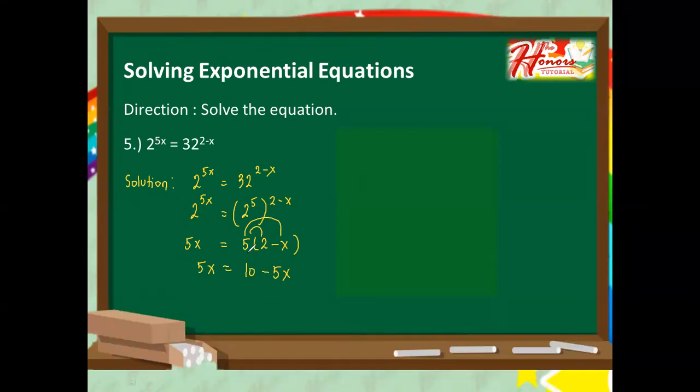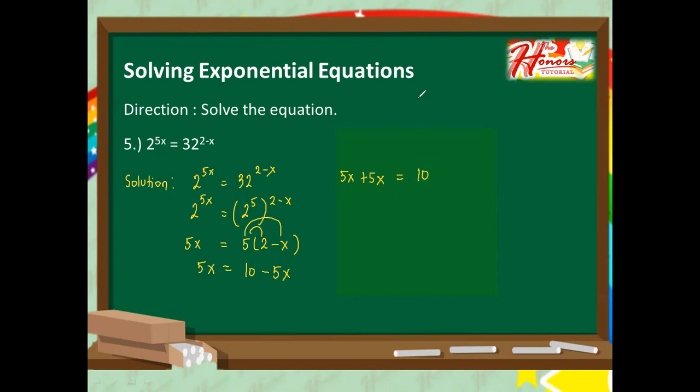So therefore, we have to transpose negative 5x at the left side of the equation. It is because it contains x, so therefore, the equation should be 5x plus 5x, because again, when you transpose a term, automatically their sign will change. If it is negative here, then if it is being transposed, it will become positive. And then just copy 10 at the right side of the equation.